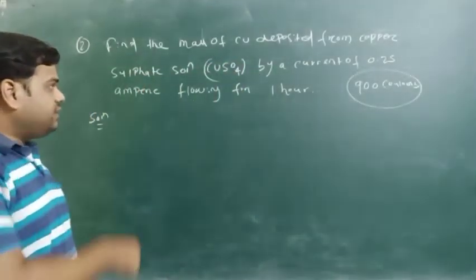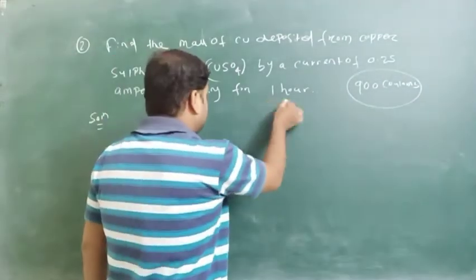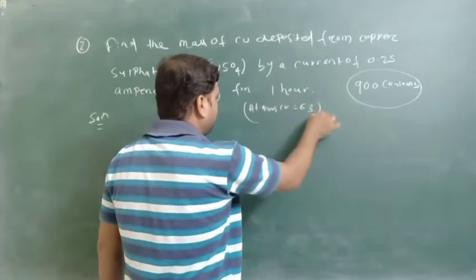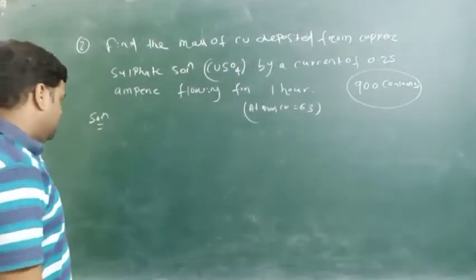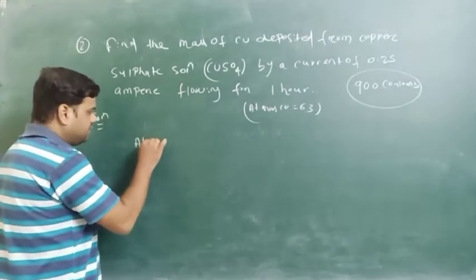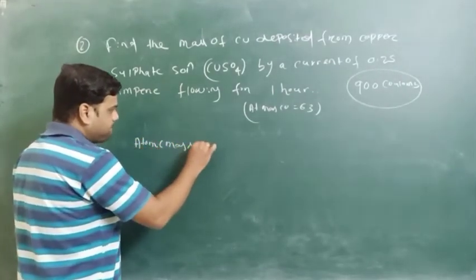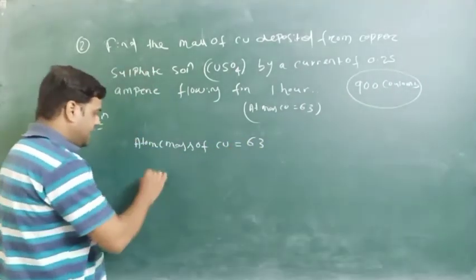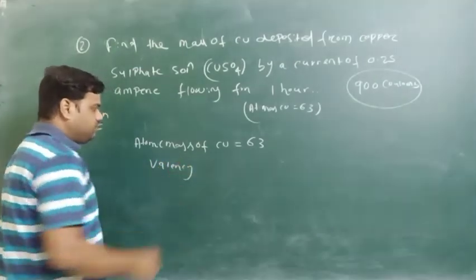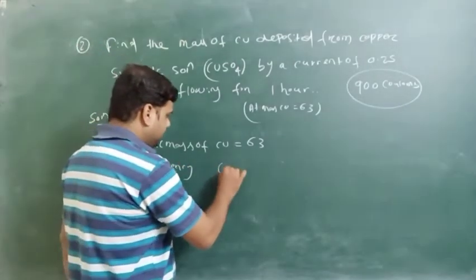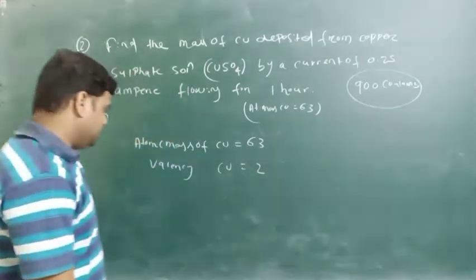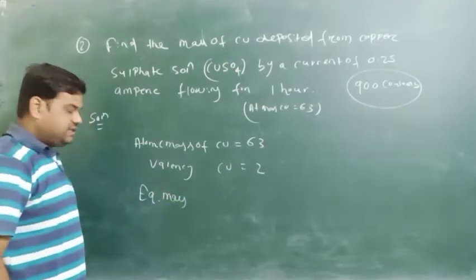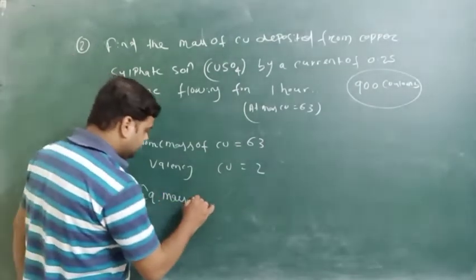The atomic mass of copper is given as 63, and you have to know that the valency of copper is 2, so that we can calculate the equivalent mass.